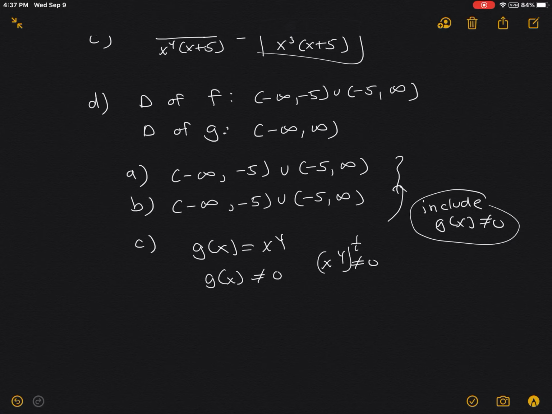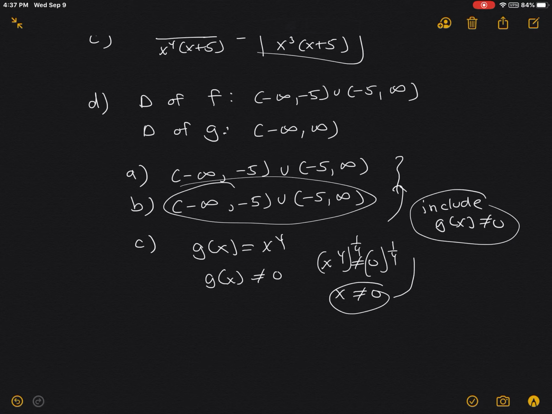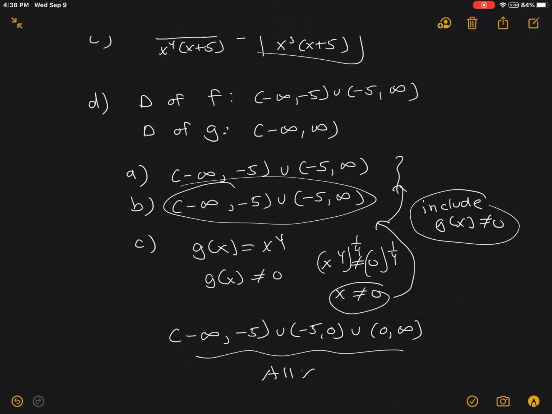Okay, so quickly solve that. If you take the 4th root of both sides, you're going to get x can't equal 0. So if I have the answer from part A and B and I just include that x can't equal 0, how would I write it? I would write it like this: minus infinity to -5, union, -5 to 0, and then union 0 to infinity.